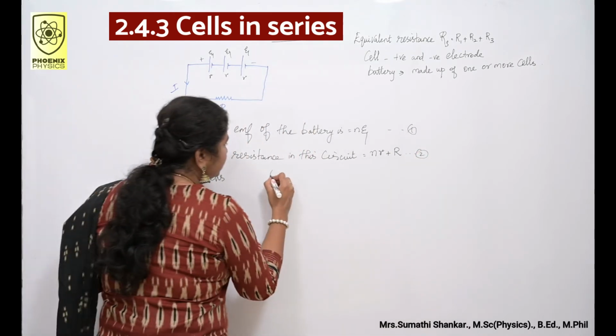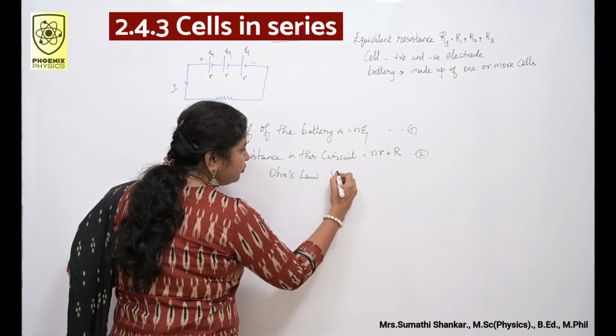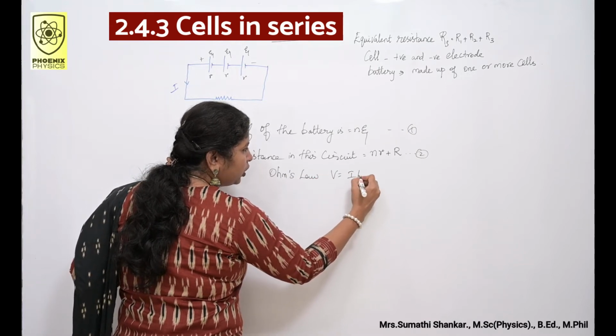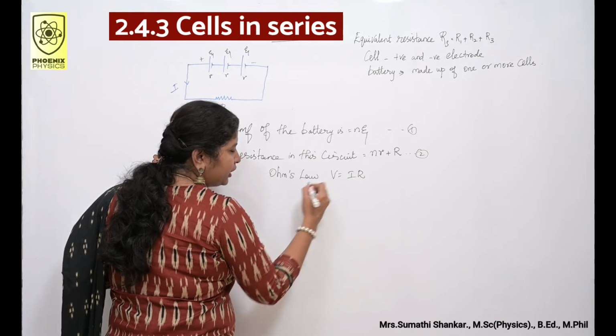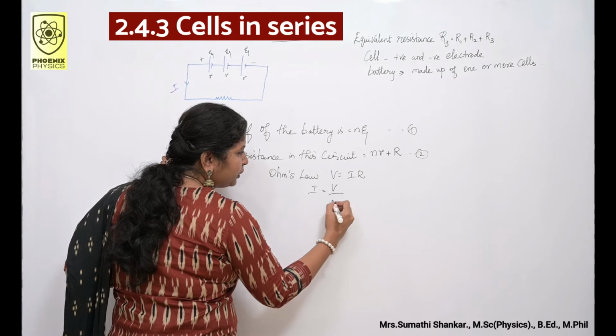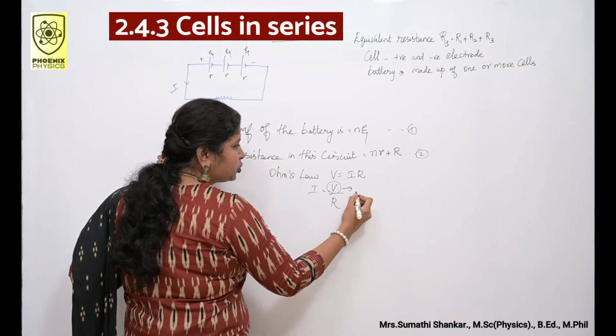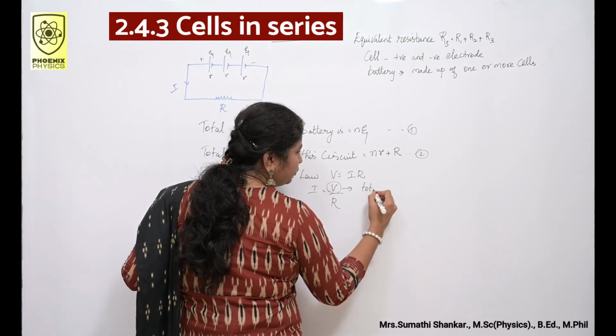According to Ohm's law, we can write V is equal to I into R. I need I. Then how do you write? I is equal to V by R. Instead of V, you can substitute total EMF.